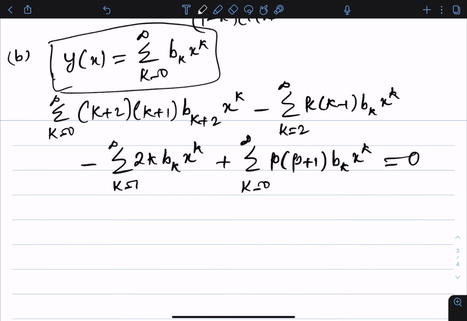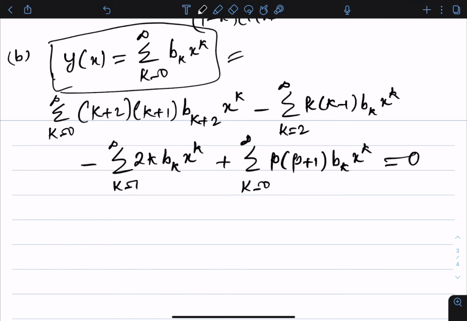Right? This is what you will obtain if you use the power series in the ODE. Differentiate it twice, you get this. Now we just have to rearrange because we have to equate like terms.